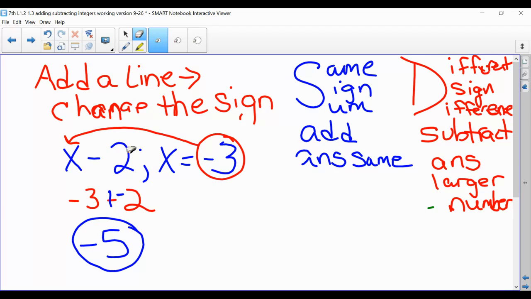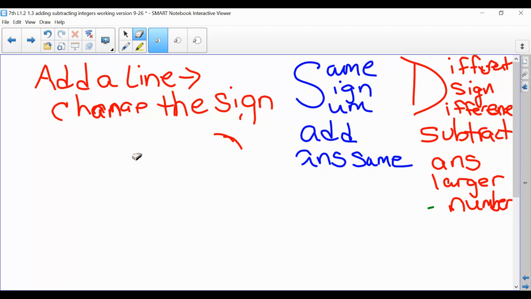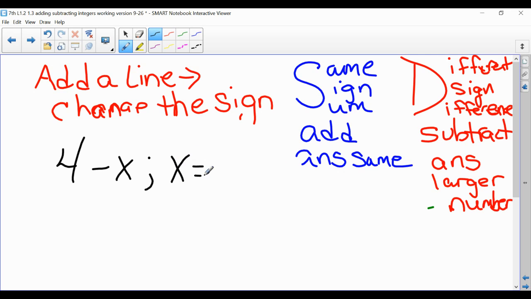We could also have x in place of the second integer there. So let's see what one looks like that. We could have 4 minus x. And let's say x equals -6. So -6 goes where my x is.